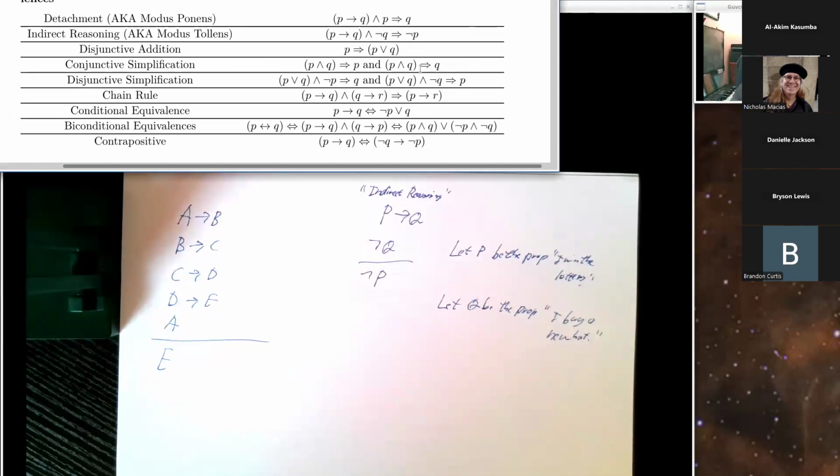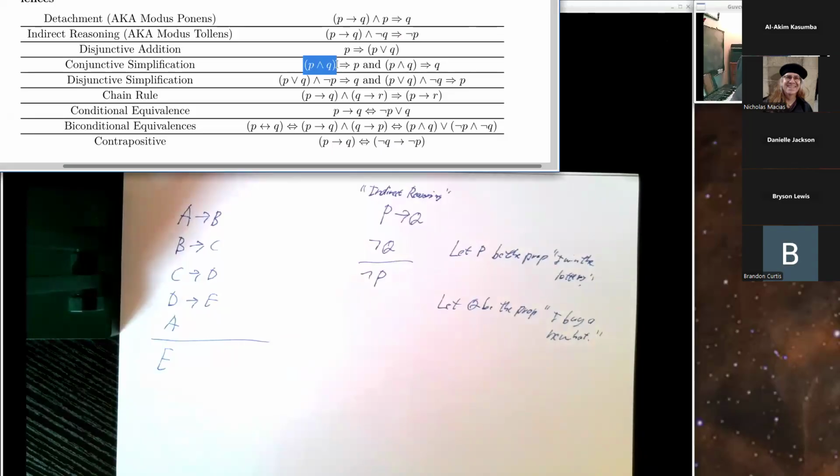Right? This right-hand side simply says, hey, at least one of P or Q is true. And the left side says P is true. Well, if P is true, then P or Q has got to be true. Because the fact that P is true makes this true, which makes this whole thing true.